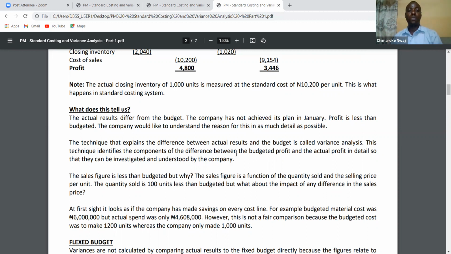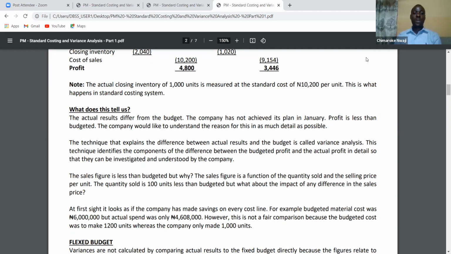So you see how we build it from standards to budgets, and now we are going to variance analysis to explain the differences in the two results. So this technique called variance analysis identifies the components of differences between the budgeted figure and the actual profit in detail, so that these differences could be investigated and could be understood by the company.